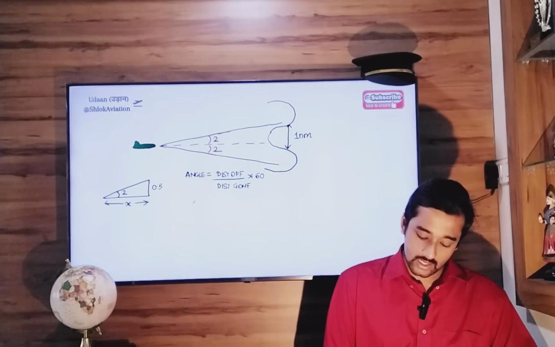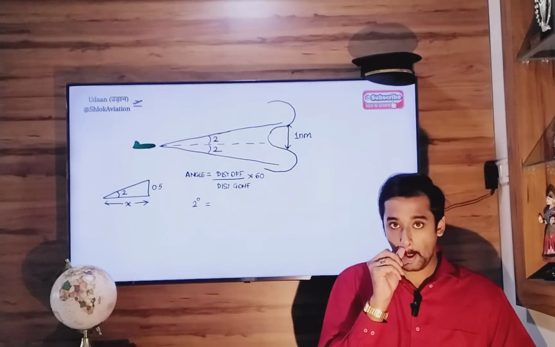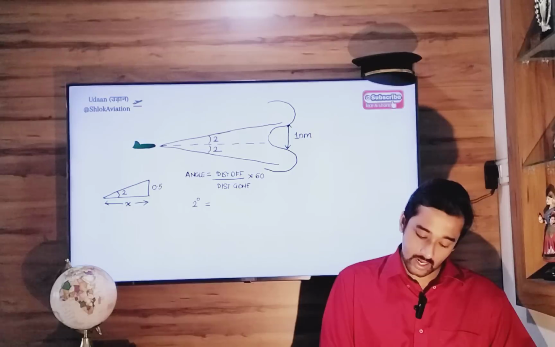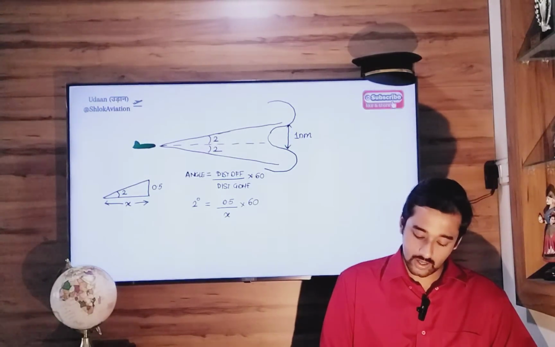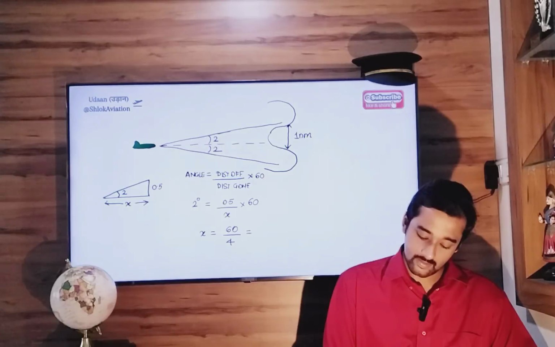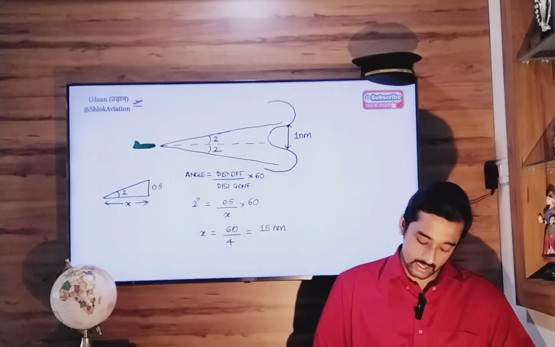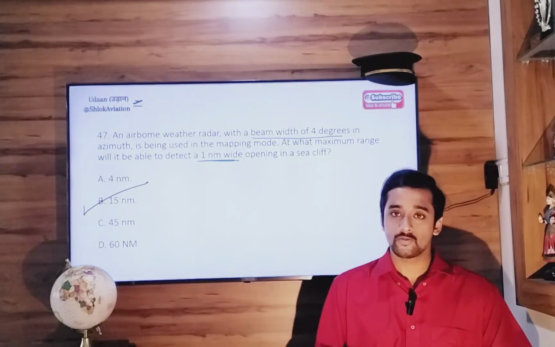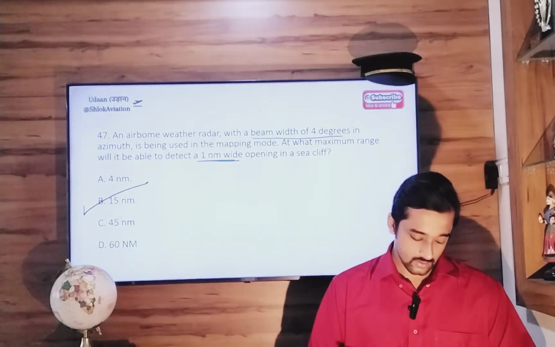So the angle is 2 degrees, right? Distance off track is 0.5. Distance gone is x. So x equals 60 divided by 4, which is 15. So 15 nautical miles is the answer. Option Bravo. Next.